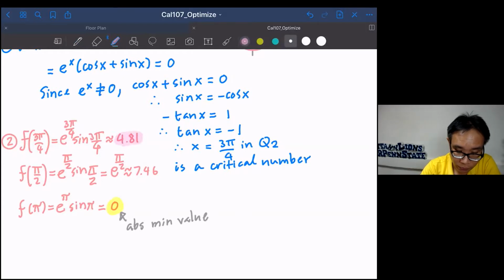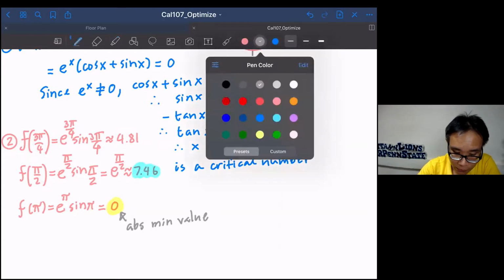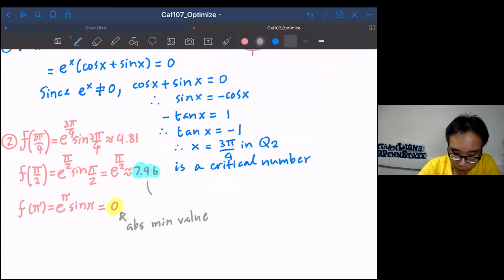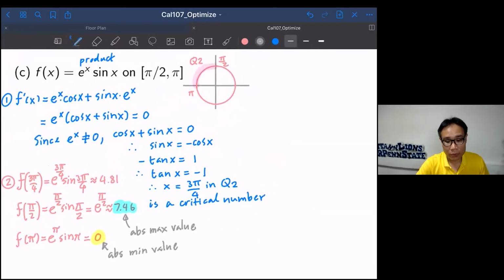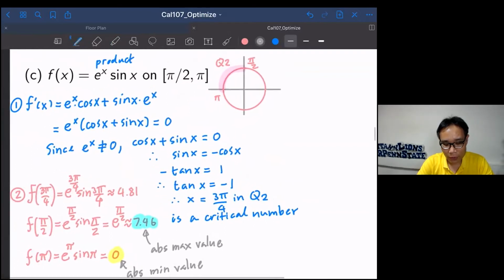Okay, so it's all at the endpoints, the absolute maximum value. Okay, so this is how we determine absolute maximum and absolute minimum for the given function.